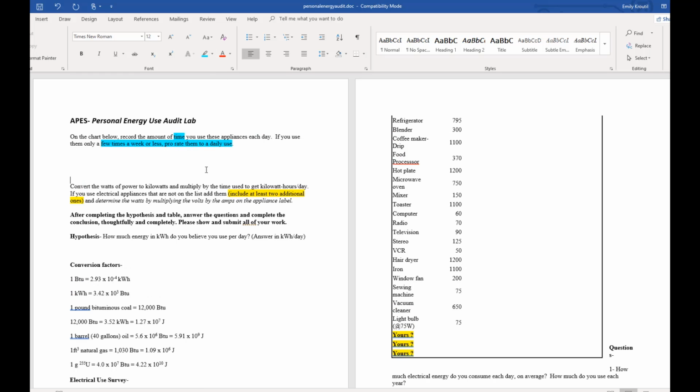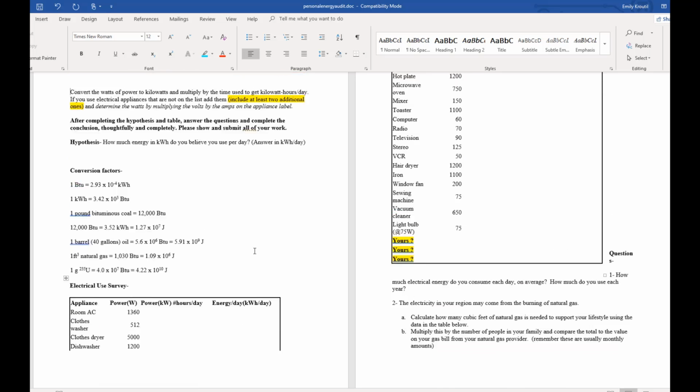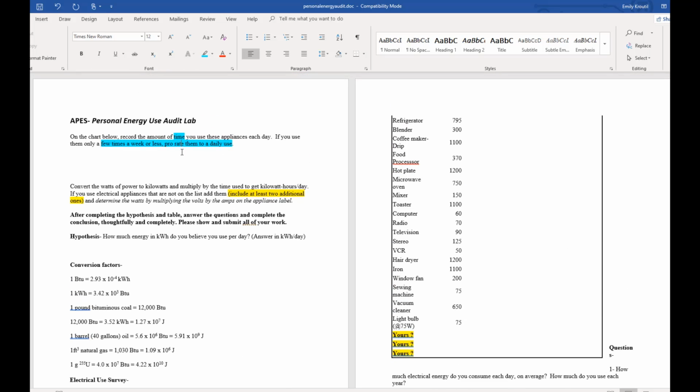Let's look at one of these things. For example, at our house, my husband only makes coffee on the weekends, so that's 1100, and he probably uses it maybe like an hour on Saturday and Sunday, right?